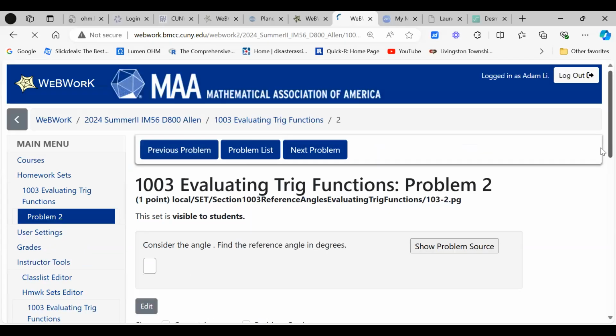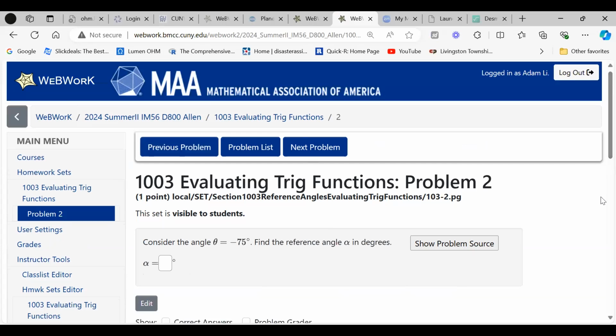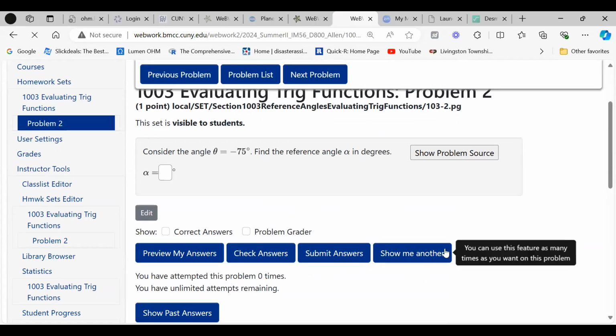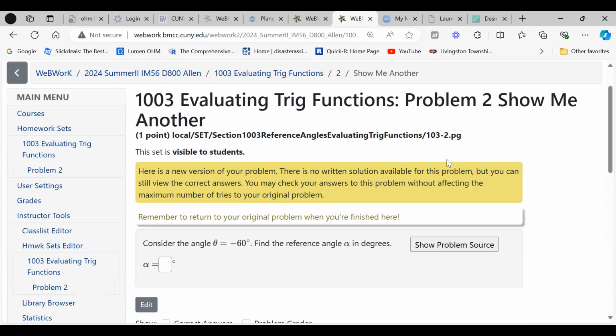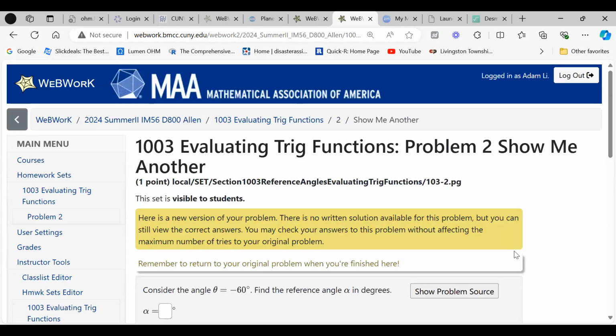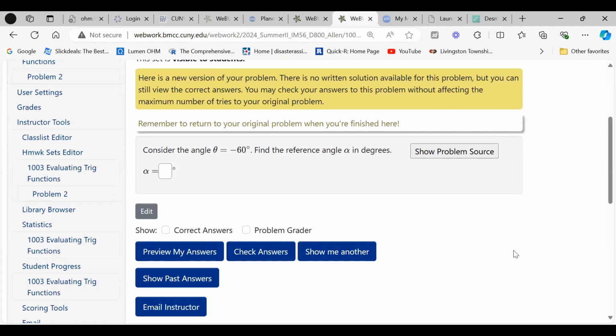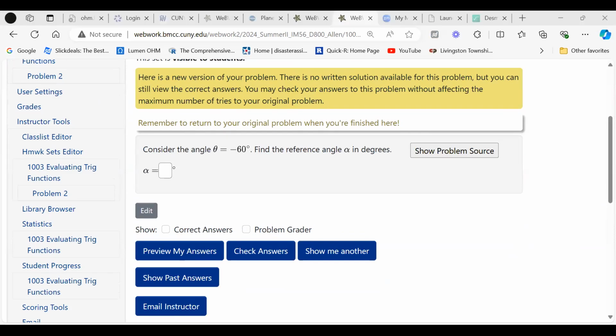Okay, next problem. What if it's a negative angle? Going counterclockwise, we get positive angles. If we go clockwise, we get negative angles. Let me show you how to find the reference angle if it is a negative angle.